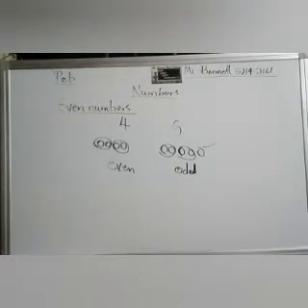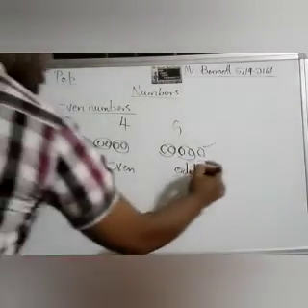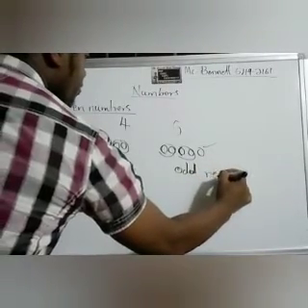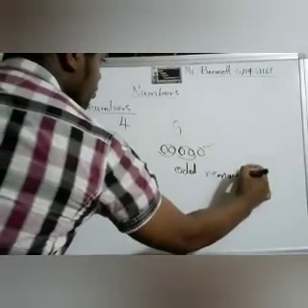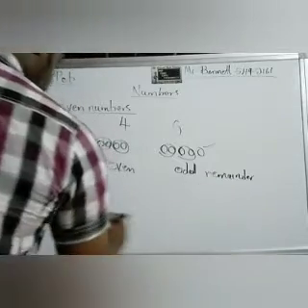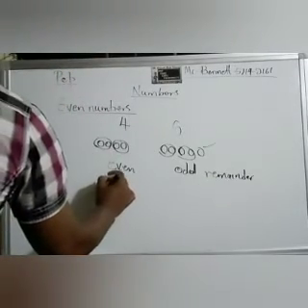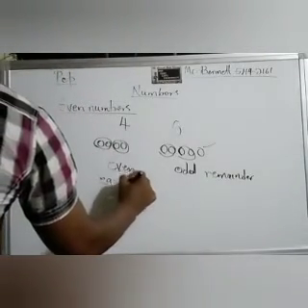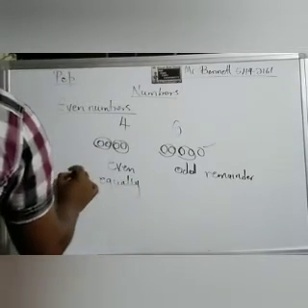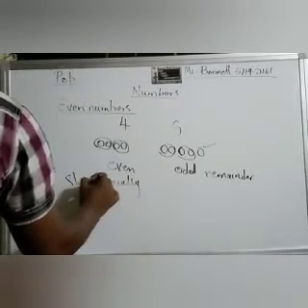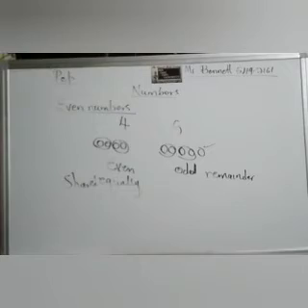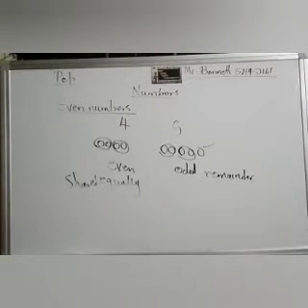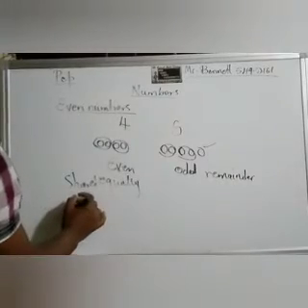Because with this one you have a remainder, and this one is shared equally. So therefore 4 is an even number, and we can look at some examples of even numbers.